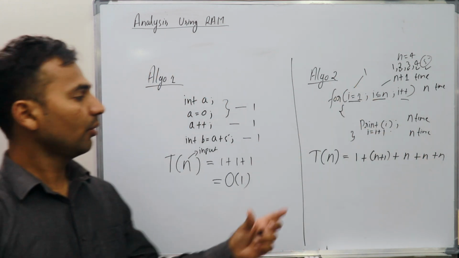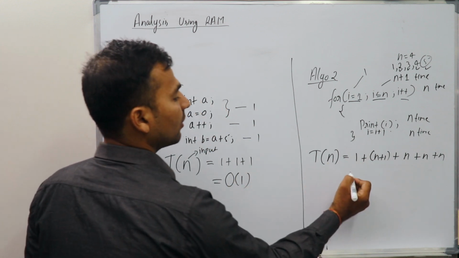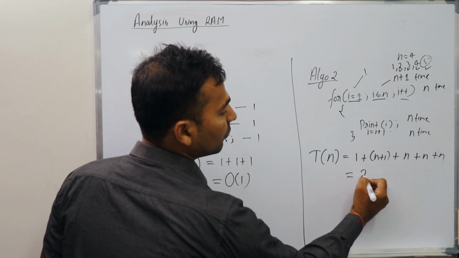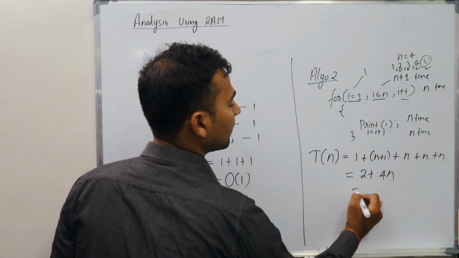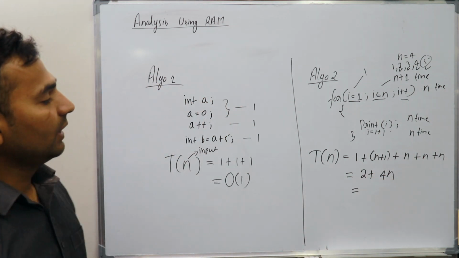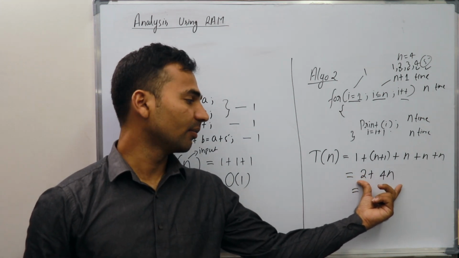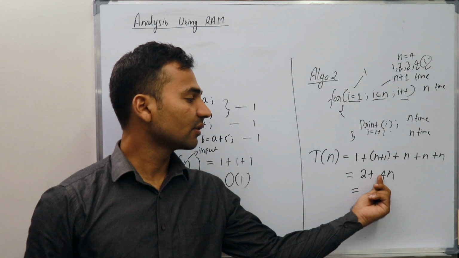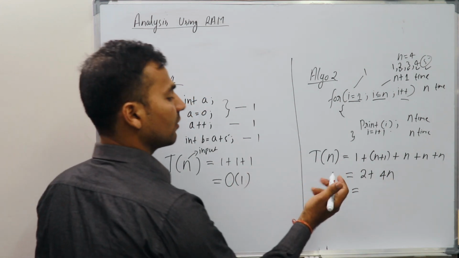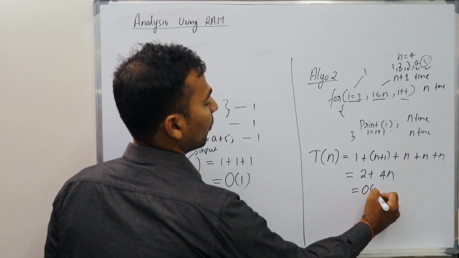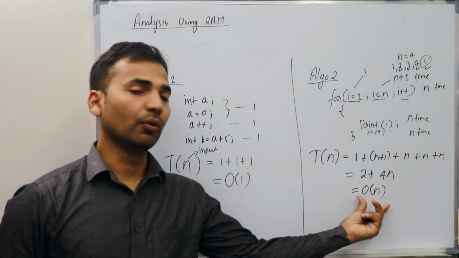So what is the complexity of the algorithm? Basically it is 2 plus 4n, right? Now what we do is we find the dominating term in the function. Which one is the dominating term? 2 is a constant, 4 is a constant, but n is the dominating term. Therefore we ignore all the constants and we write O(n). So the complexity of this for loop is O(n).